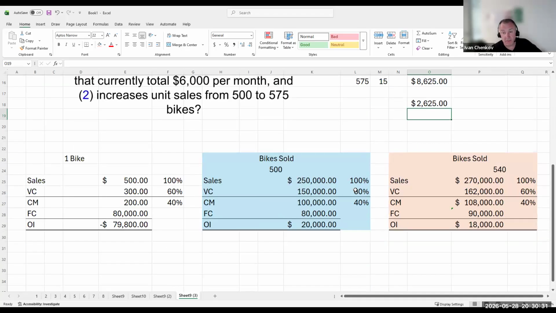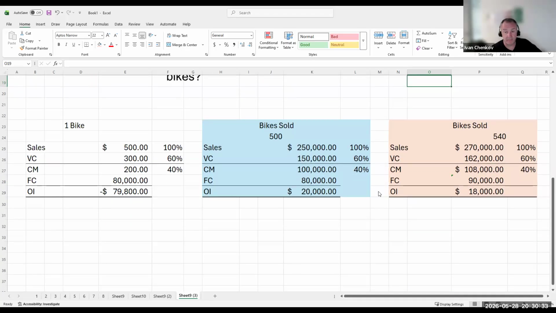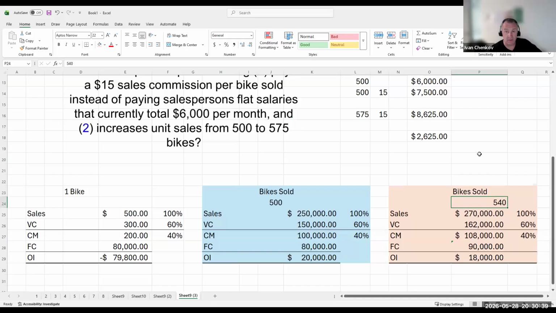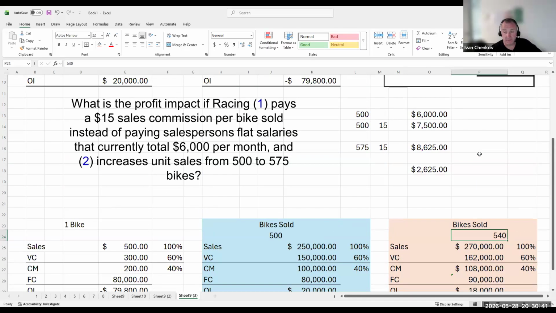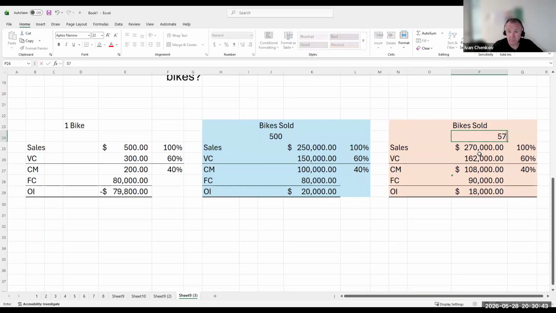Now let's run the numbers and see where the company will be. Currently, we're under 20,000. If we implement those changes, we're going to sell 575 bikes. Now my sales are going to be 500 times 575.